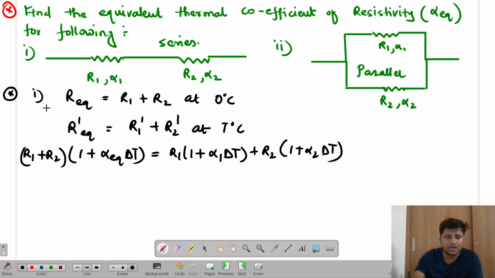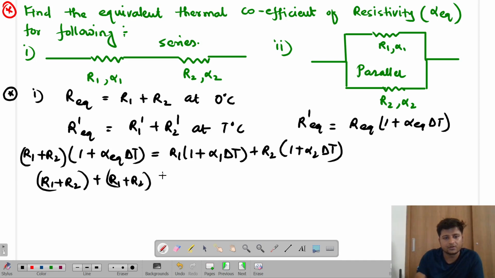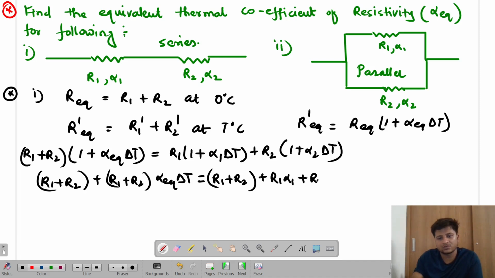Got it? Because R dash equivalent is nothing but R equivalent at 0 into 1 plus alpha equivalent into delta T, or not. But R equivalent at 0 is R1 plus R2. Is that clear? So if I put it, I get R1 plus R2 plus R1 plus R2 into alpha equivalent delta T is equal to R1 plus R2 plus R1 alpha 1 plus R2 alpha 2 into delta T, or not.